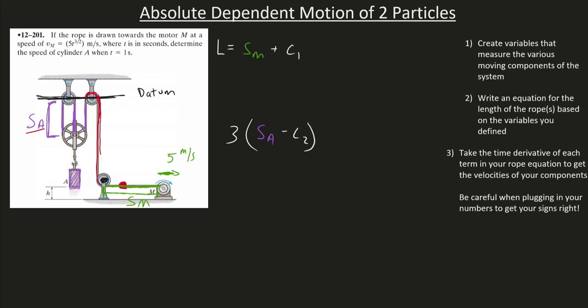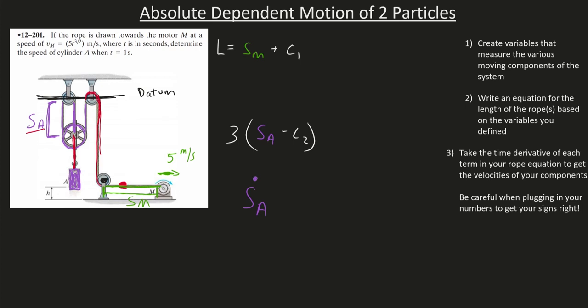But I know I'm going to take the derivative. I'm going to set up my equation, take the derivative, and I know I'm going to get SA dot, which of course is going to be the velocity of my pulley. But remember, this pulley here is linked statically with this cylinder here. They're both tied together, which means they're both going to have the exact same velocity and acceleration, but obviously not the same position.